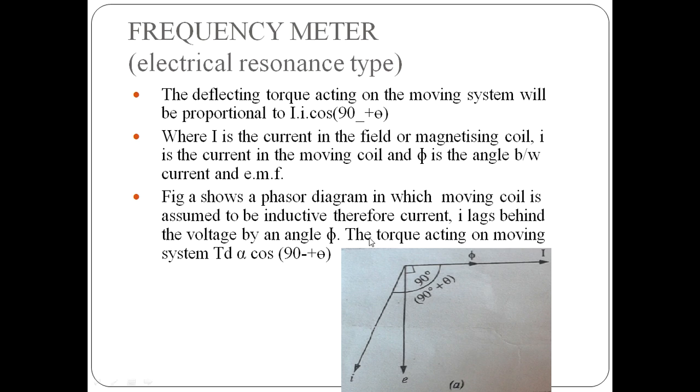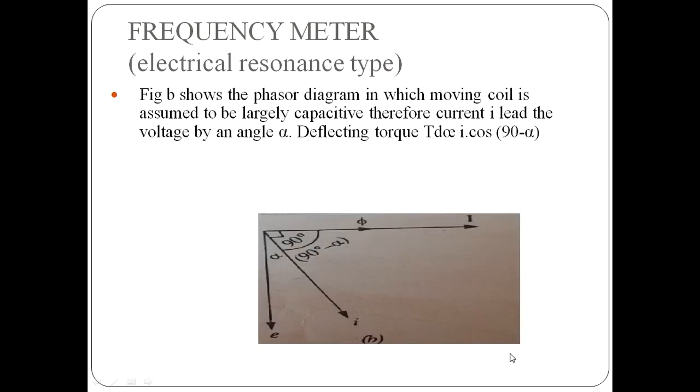This figure shows the moving coil assumed to be inductive, therefore current i lags behind the EMF or voltage by an angle phi. The torque Td acting on the moving system is directly proportional to cos 90 plus or minus phi.